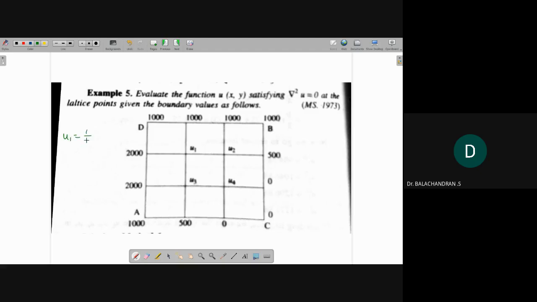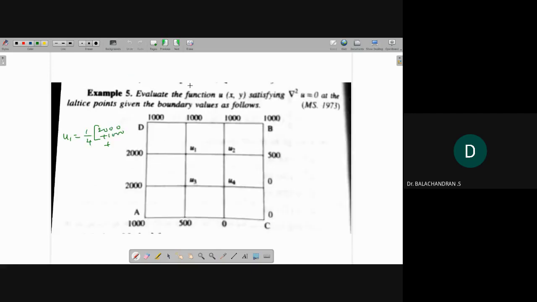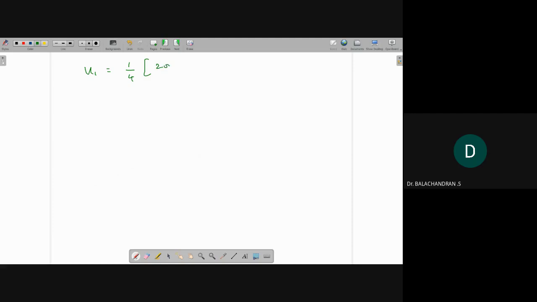u1 equal to 1 by 4 into 2000 plus 1000 plus u2 plus u3.